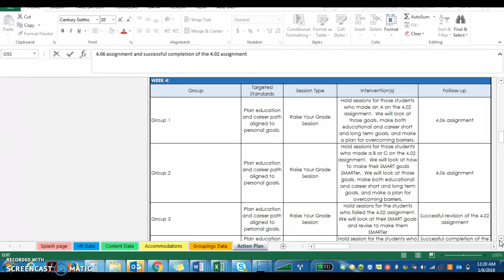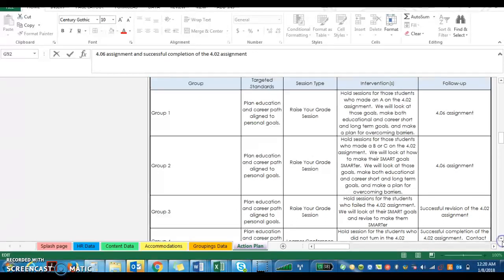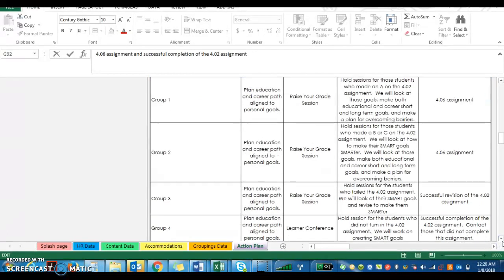Those who maybe made a B or a C on the 4.02 assignment, we'll work on revising that 4.02 assignment to make sure our goals are SMART, because it would be hard to get a really good grade on the 4.06 assignment if they did not do the 4.02 assignment correctly. So we're going to work on that both with my Group 2 and 3.